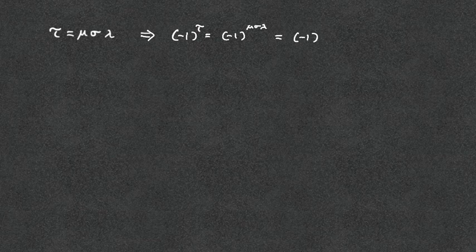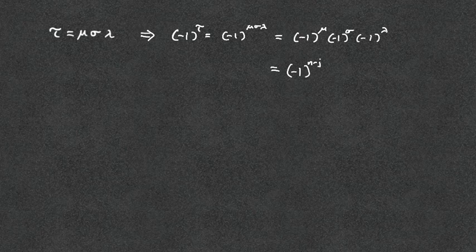That ends up being minus 1 to the mu, minus 1 to the sigma, and minus 1 to the lambda, which we just figured out. Minus 1 to the mu gives us n minus j, then we've got minus 1 to the sigma, and minus 1 to the lambda was just n minus 1.